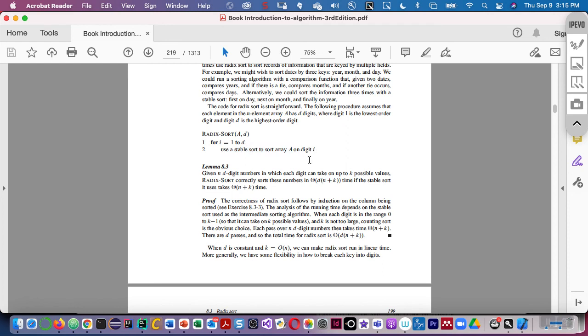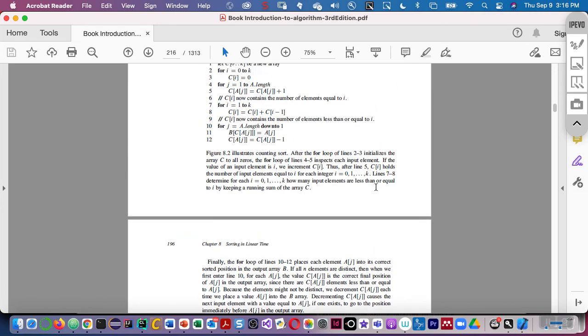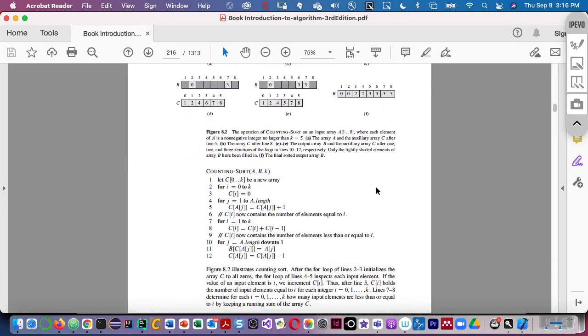Why is it stable? This is an interview question. Why is it called a stable sort algorithm? Which part makes sure that it is stable? I'm giving the code. Lines 10 through 12? Yes. Okay, let's look at line 10.